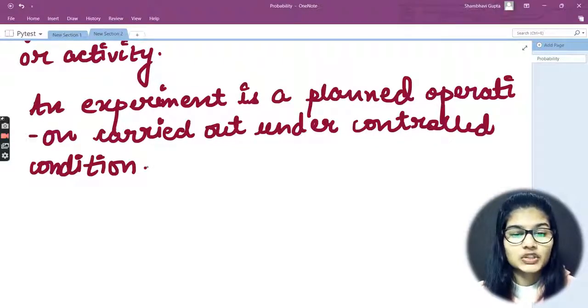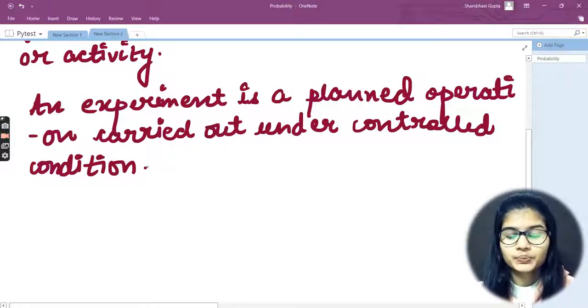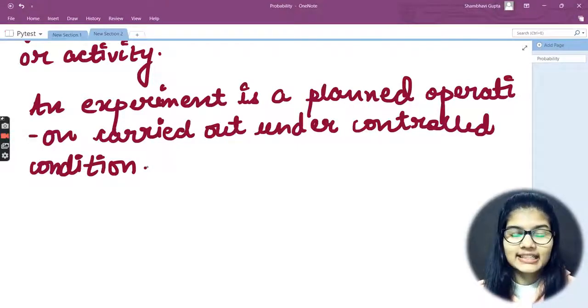Okay, chance, C-H-A-N-C-E. Great. And an example of a chance experiment is flipping a fair coin twice.